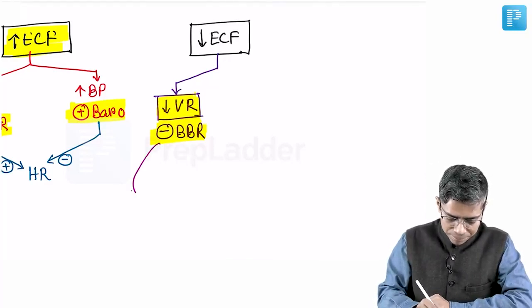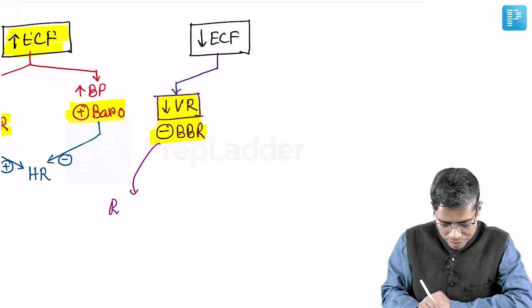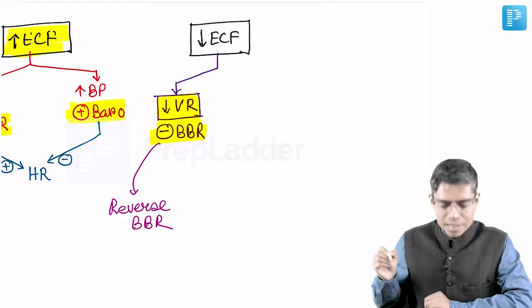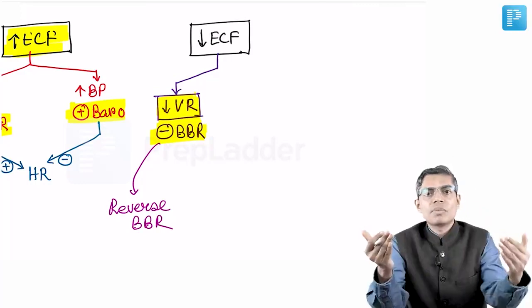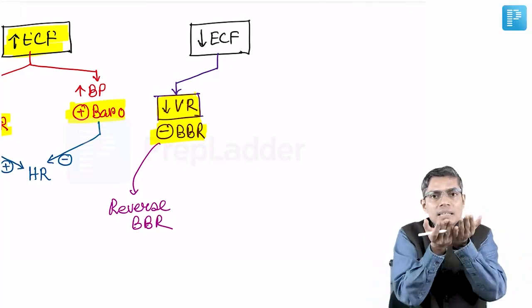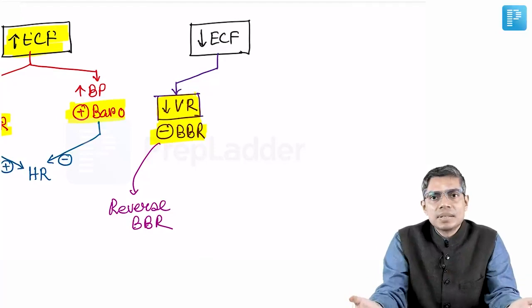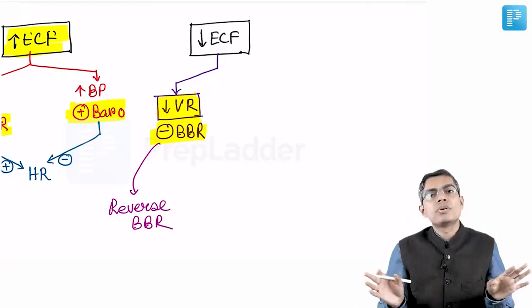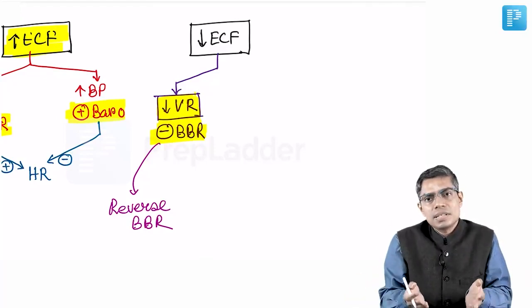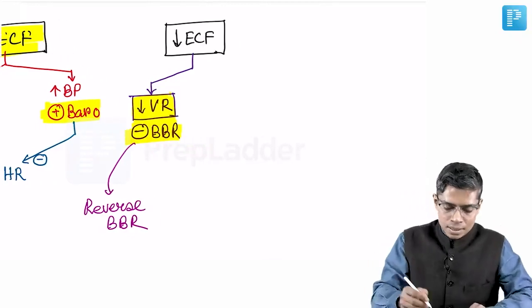You should be aware of this term. So normal Bainbridge reflex means high venous return, Bainbridge is activated. Bainbridge is inhibited due to low venous return, that is the reverse Bainbridge reflex, right?